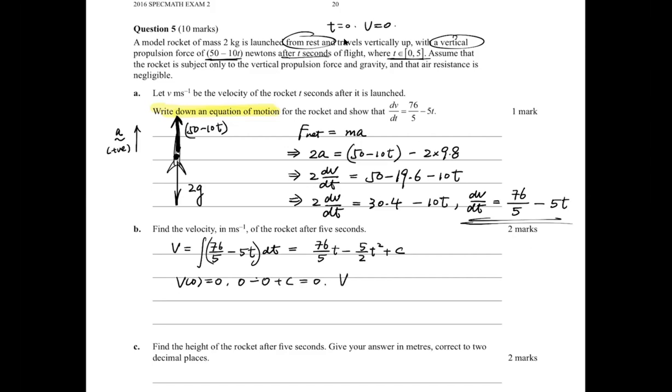Therefore, v is just 76 over 5 t minus 5 on 2 t squared. Then you just substitute t equals 5 and you will get something like this.